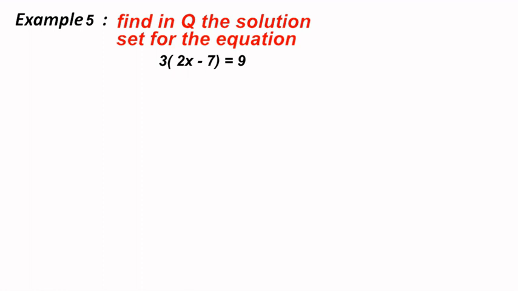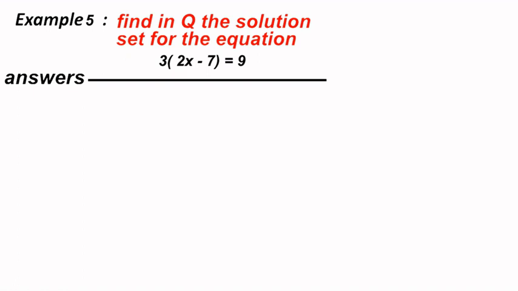Example 5. Find in Q the solution set for the equation 3 open bracket 2x minus 7 close bracket equals 9. This equation has brackets.